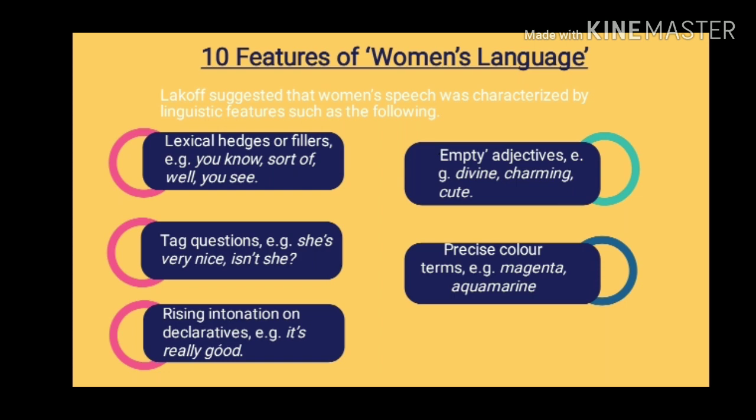I give you the example. How adorable she is. It was a gorgeous meal, John. So these adjectives are called empty adjectives.